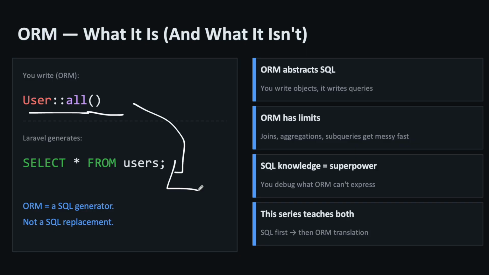So this becomes select everything from users. It's writing SQL on our behalf, and that's fine for simple queries, but ORM has limits. When we need to do joins, aggregation, and subqueries, ORM alone gets very messy, and it's very difficult to debug as well.